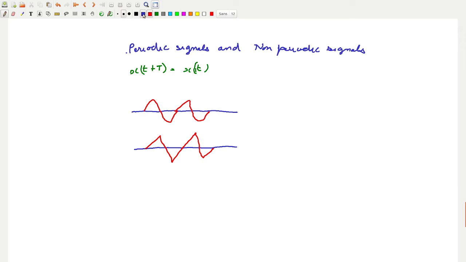The signals which don't repeat after a period, maybe a single pulse, could be an example. A single pulse which starts, there's a pulse. Or another example is a single triangular wave.